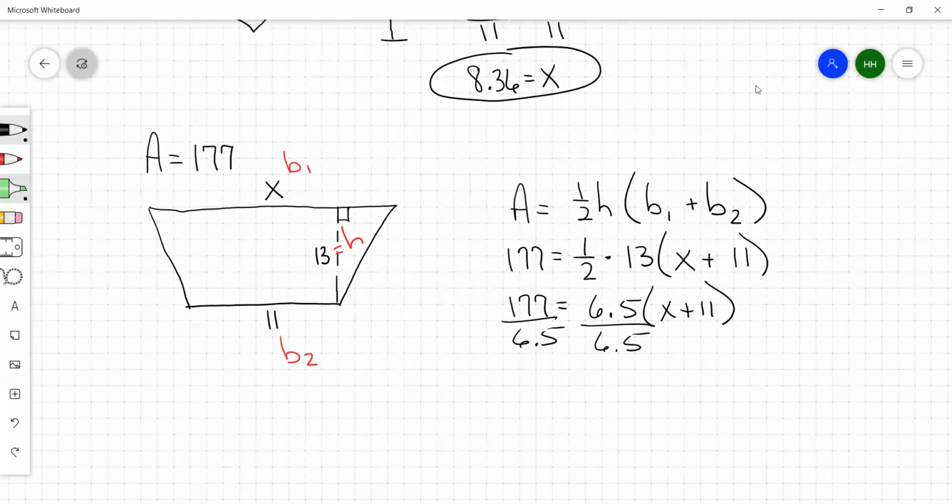You can distribute, but you don't need to. You save time by dividing. So 27.23 equals X plus 11, and then you can subtract 11. 16.23.